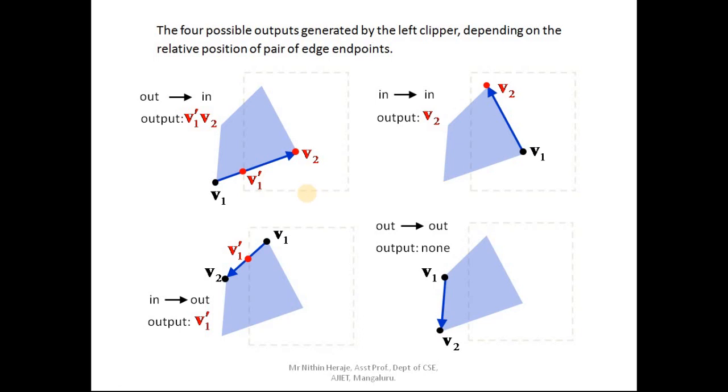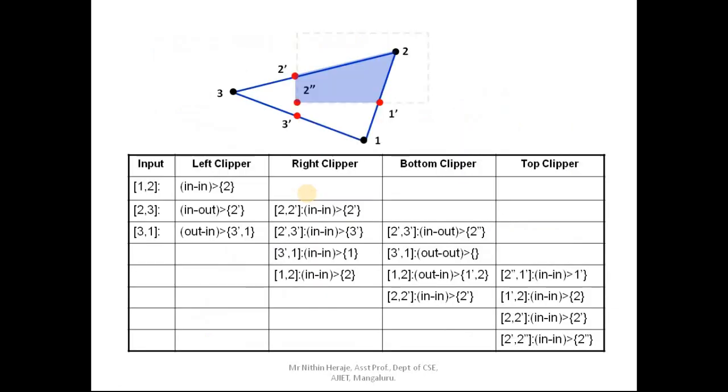Now we'll look into the example. Okay, how it goes. So we are having this 1, 2, 3 as the polygon, and you know that the intersection points are 1 dash, 2 dash, and here it should be 2 double dash. Okay, so this is the polygon that should be visible.